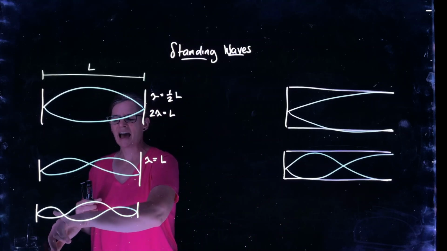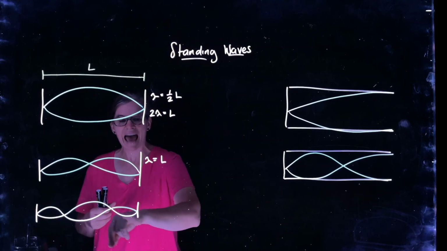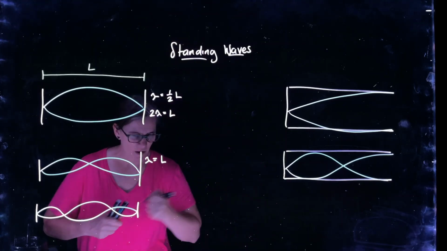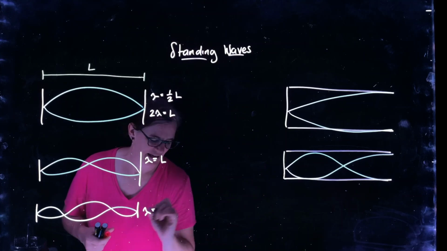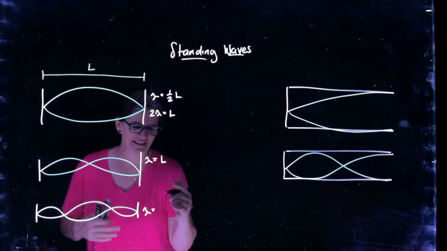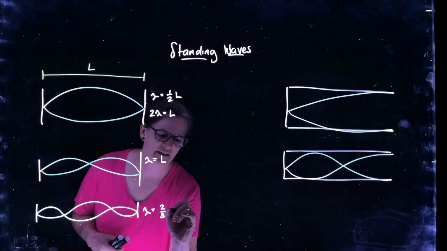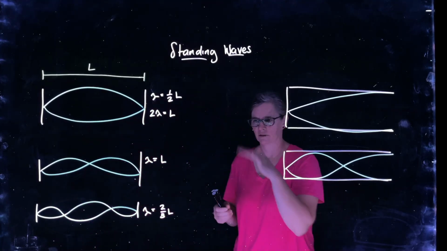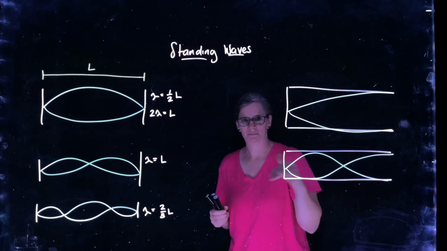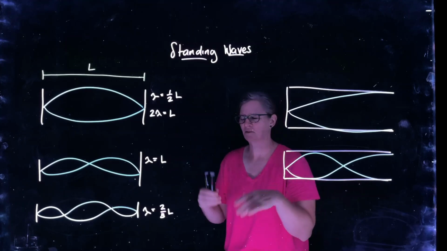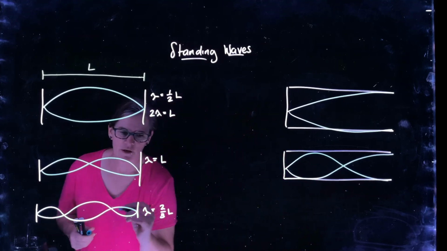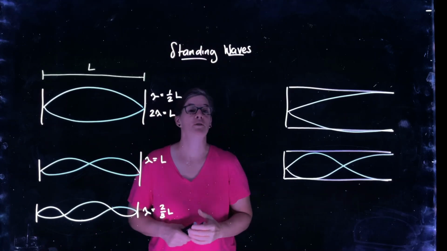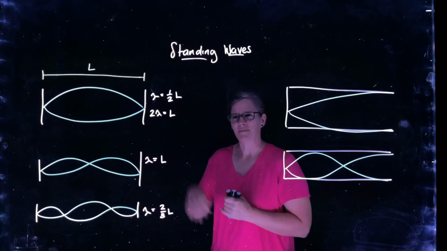Okay, so we have 1.5 wavelengths in that length. So we have 3/2 of a wavelength in the distance L, so our wavelength is 2/3 the length L. Okay, that's great.